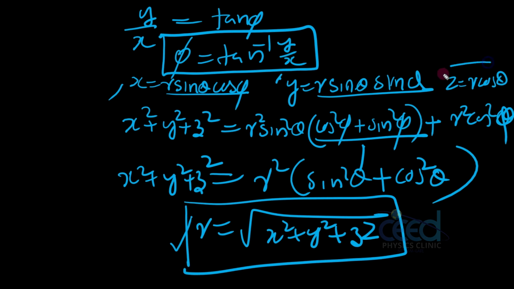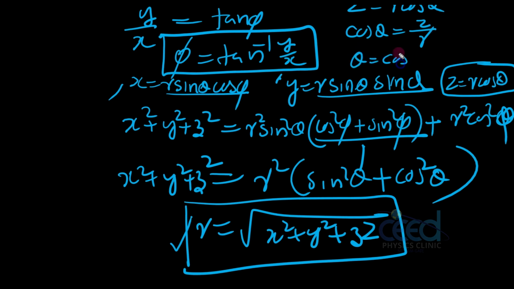Now from it I can find out theta also. What is theta? z is equal to r cos theta, that is cos theta is equal to z by r. That is theta is equal to cos inverse z by r, right?